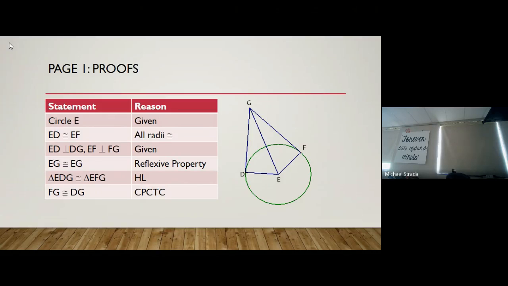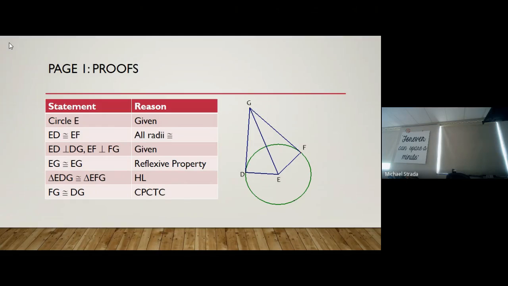Tangent lines mean right angles. The difference with this one is you're trying to prove one of the properties, so you can't use them. That's why it says it in there. However, you can use that all radii are congruent. What you can't use is that these make a right angle and things like that. So they would have to give it to you.